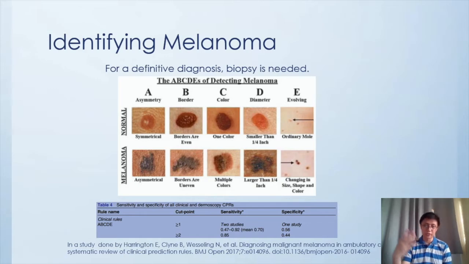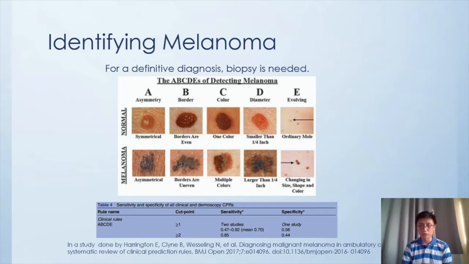This is a simple chart that tells us that if there is symmetry or relative symmetry, then the lesion is benign, whereas if it's not symmetrical, then perhaps it's a sign of early stage melanoma.